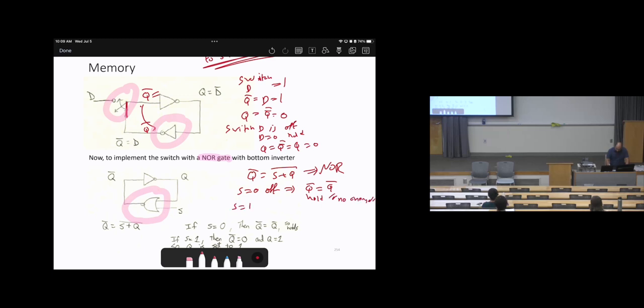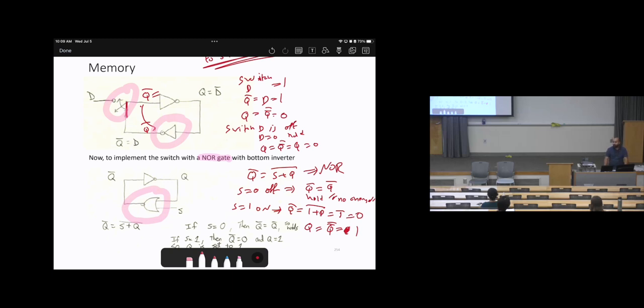If the switch is on, what will happen? Q bar will be 1 plus Q, all bars. 1 plus any variable will be 1, so it will be 1 bar, which makes it 0. That's for Q bar. Then for Q, it will be Q bar bar, then it's going to be 0 bar, which is going to be 1.